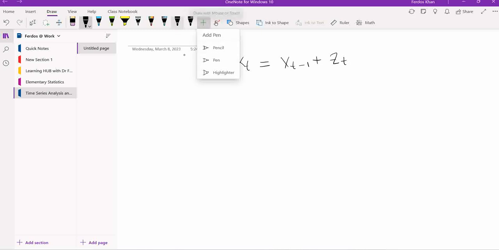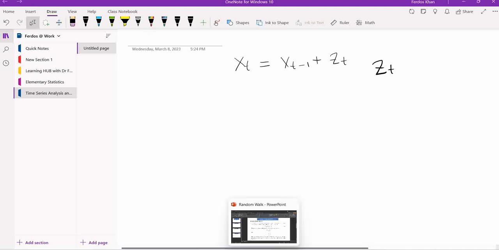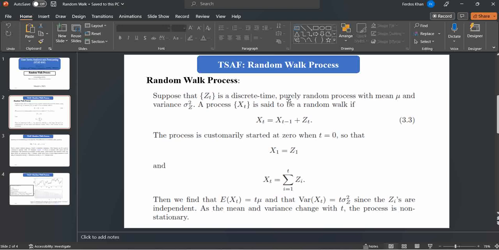Zt is the random error, and you can see that Xt, that means the process at the current time, depends on the previous time plus some variation. And you can see the assumption that Zt is a discrete time purely random process with mean mu and variance sigma square. So this is the process.